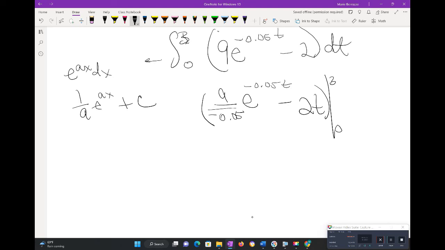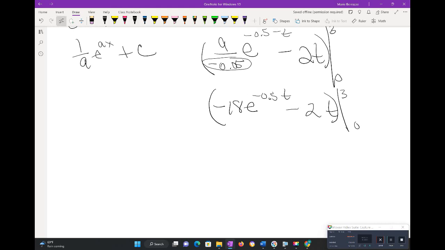If we reverse the math with the negative 0.05, we end up with negative 18 e to the negative 0.05t. I keep saying 0.05 and I just realized that it's actually 0.5. My apologies. So 0.5. I hope you ignored me as I was doing it. Minus 2t, again, same range from 3 to 0.